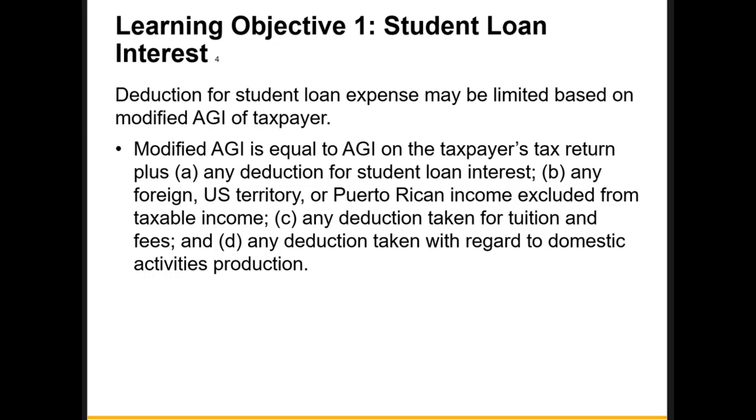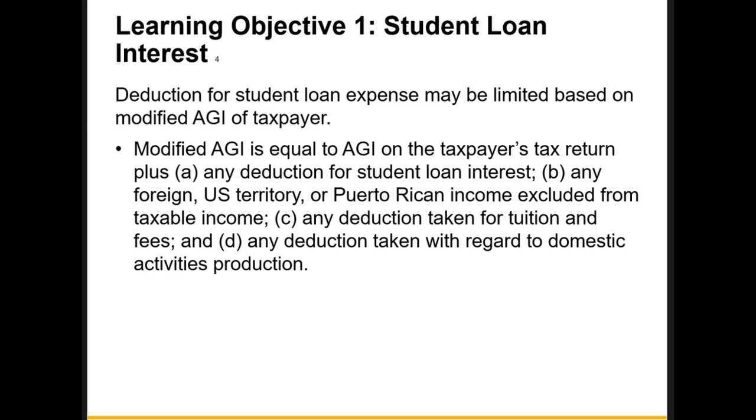And then it is also phased out if your AGI or modified AGI, which is, as it says there, just a couple of things that are taken out of AGI first, that we haven't covered yet. The only thing that's really relevant here is the deduction for student loan interest.